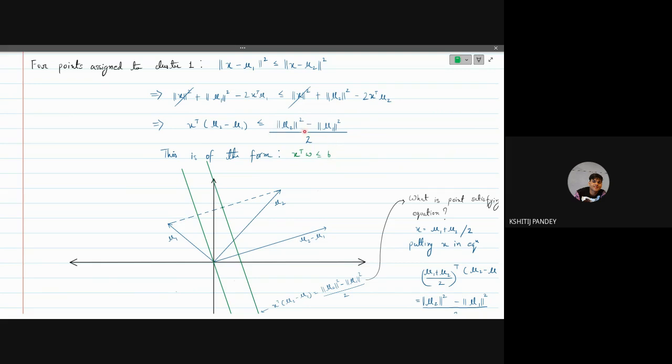So it will not pass through the origin. Its y-intercept will be what? Anyone? What will be the y-intercept? The value of b, which is this. The magnitude will be this. Correct? Is that clear?